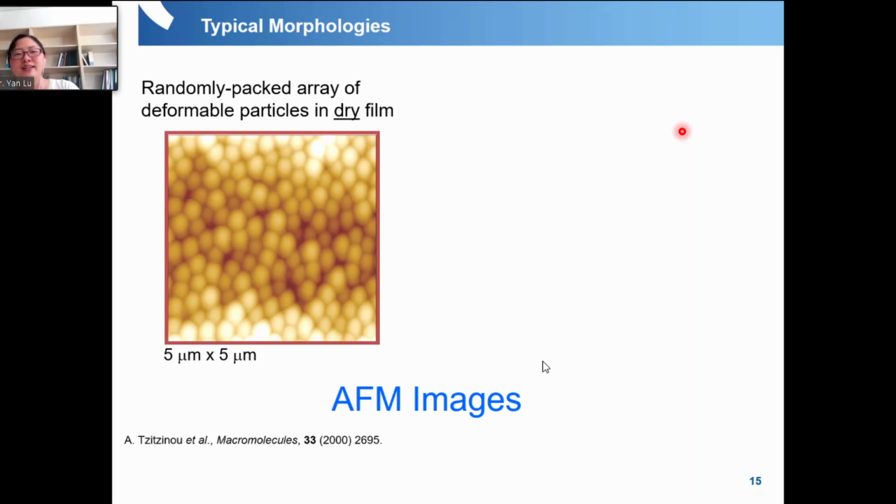That's why you need to do AFM, because AFM can give you the contrast. Even a very minor change of height can already give a very nice image by AFM. This is a resolution that scanning electron microscopy cannot reach. So that's why people often use AFM to study the dry film of deformed particles.